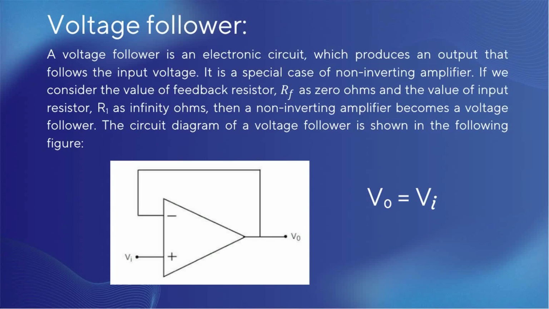Therefore, V0 equals Vi. So, the output voltage V0 of the voltage follower is equal to the input voltage. Thus, the gain of the voltage follower is equal to 1. These three are the basic applications of the op-amp that come under the linear operations of the op-amp.